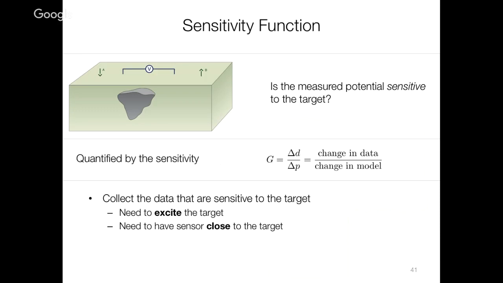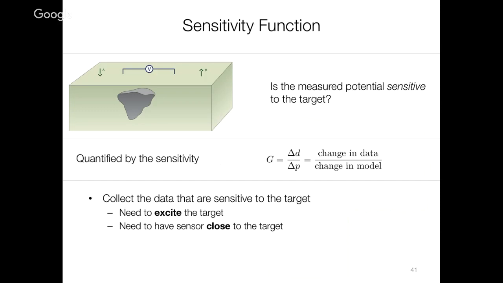Let's measure this. So now we could measure this with the target or without, or we could measure the change in any parameter, maybe just the resistivity.